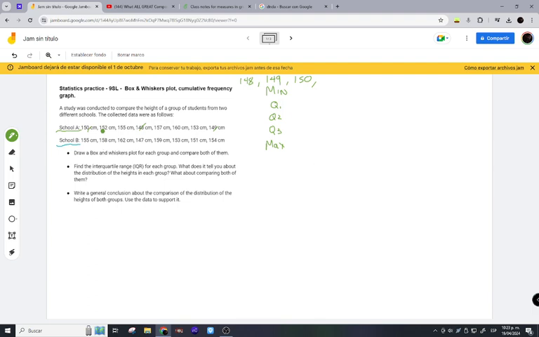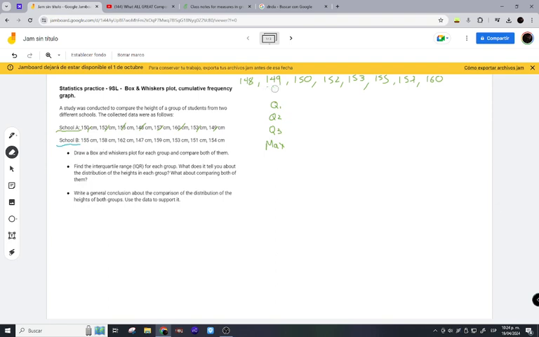Then 152. 153. 155. 157 and 160. So we have 1, 2, 3, 4, 5, 6, 7, 8 values as it should be.